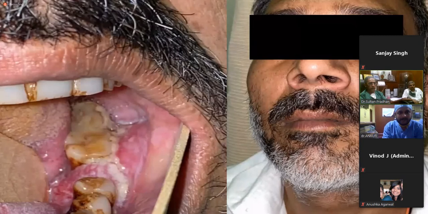But one of the things that we must all remember is that there are times when the bone is not involved and we are sure about it. The teeth are firm, the CT scan shows no bone erosion, but the lesion is just abutting the bone, and there is paramandibular disease but not involving the bone.